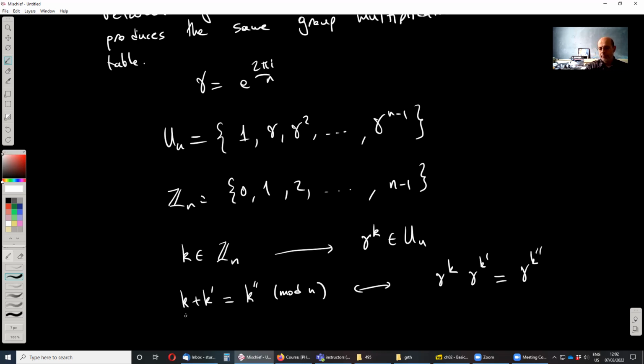So the group operation that you can do in one group corresponds to the group operation that you can do in the other group. As a result, mathematically, these two groups may look different from each other, but their structure is the same. They are essentially the same group, if you just consider the structure only. So when we are talking about the symmetric groups and things like that, we usually think of them as abstract elements.